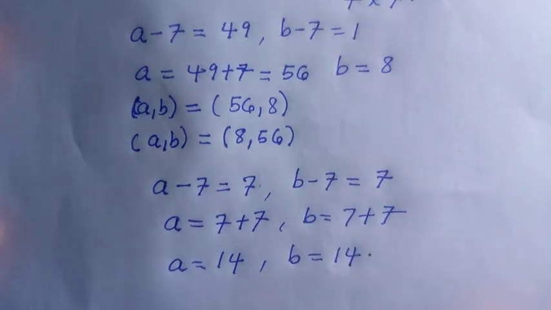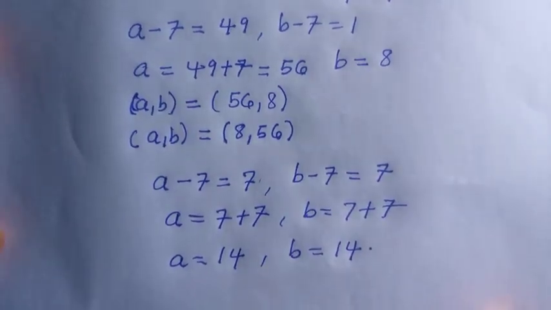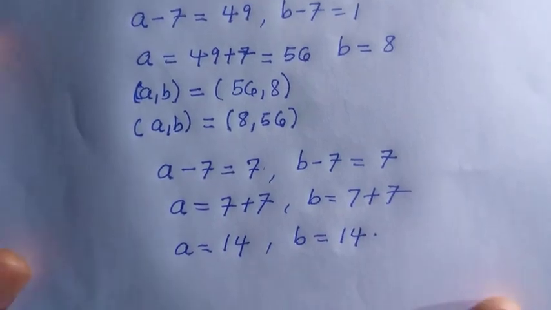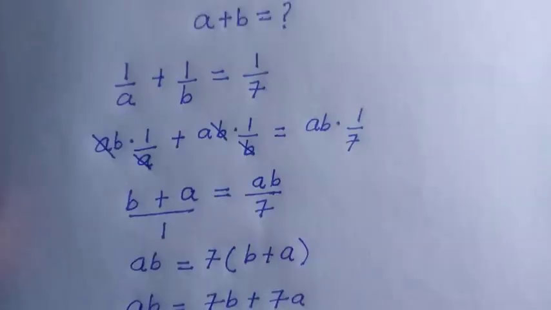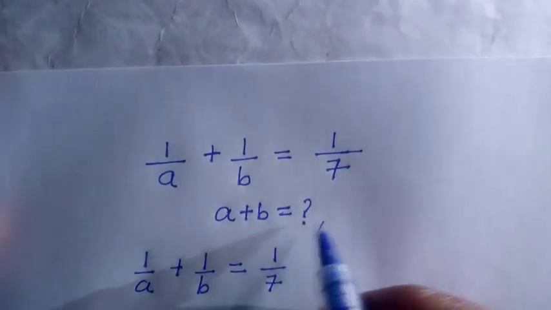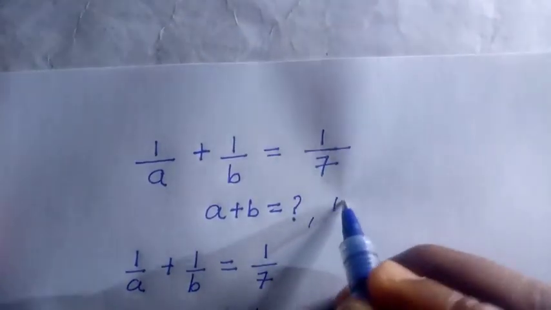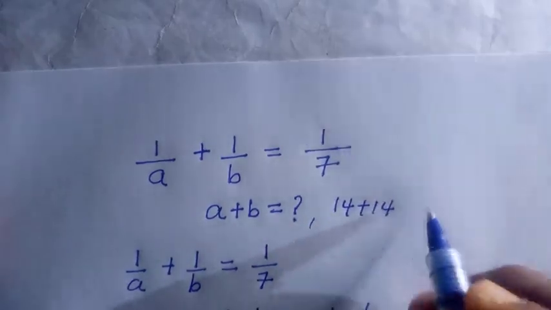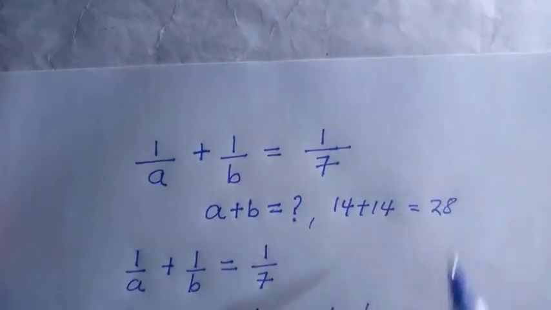If a and b equal 14 for this case, and the question says find a plus b, then at a equals 14, b equals 14, by adding 14 plus 14, we get 28.